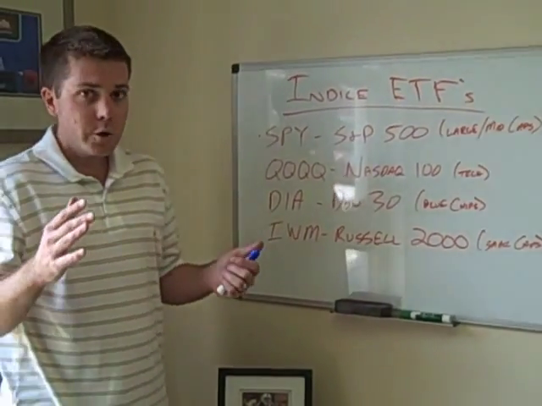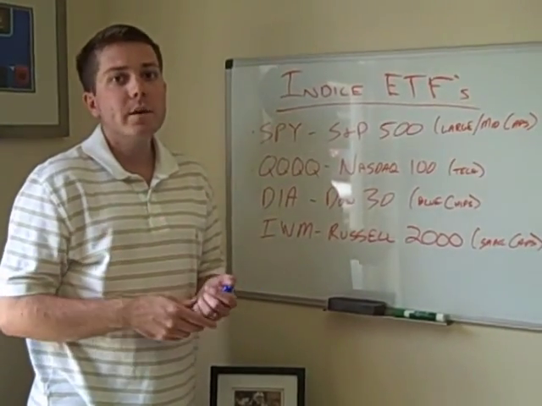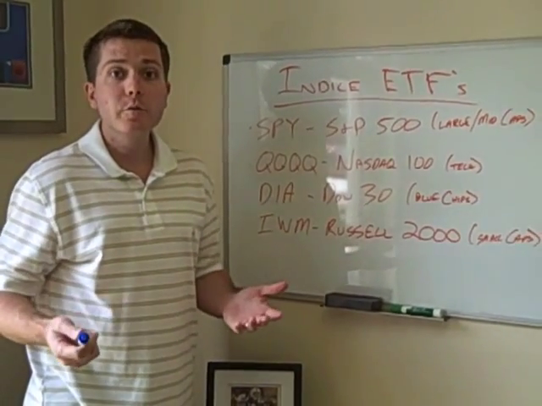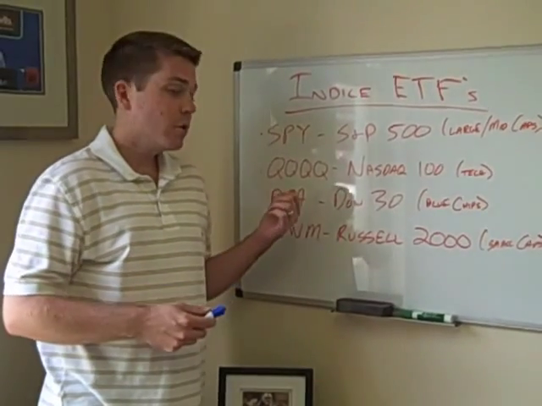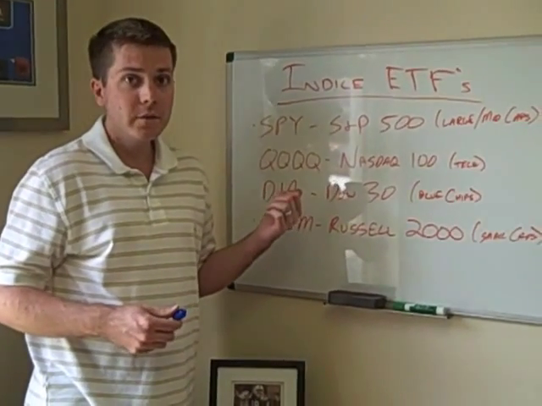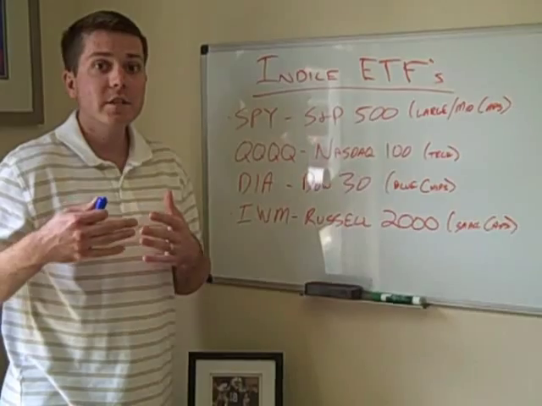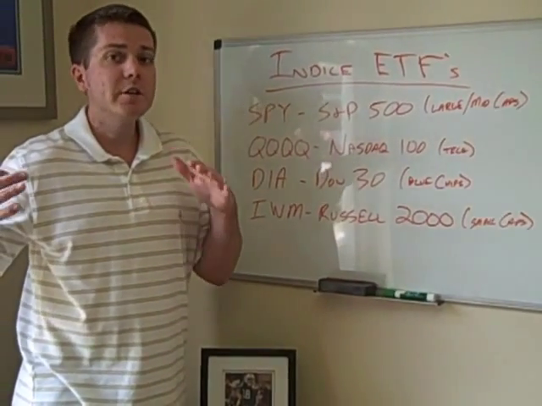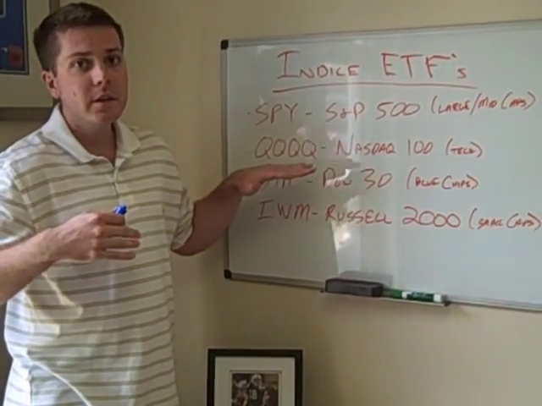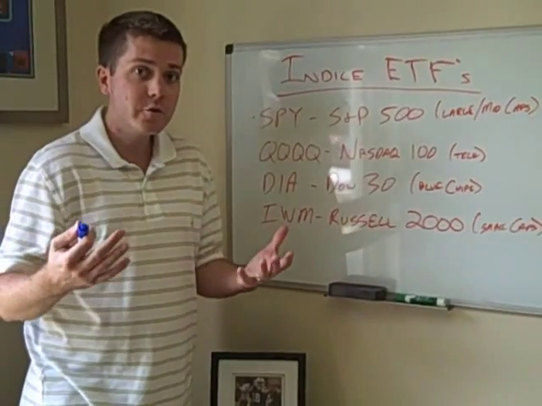Let's say Broadcom is trading at a gain of 2%, and the Qs are trading at a gain of 1%. Well, Broadcom is relatively strong in relation to its respective indice. So Broadcom is showing relative strength.